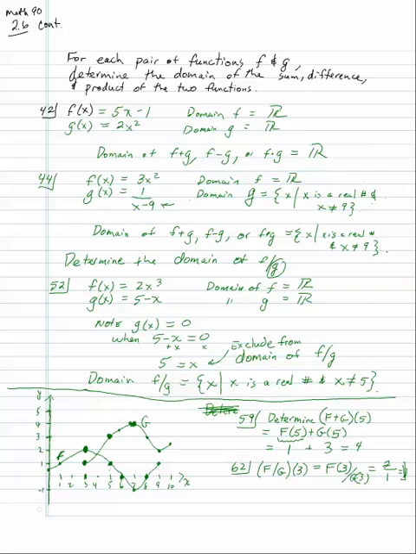Alright, what's the domain and the range? What's the domain of f, domain of g? Domain of f is equal to the set of x's such that x is between 0 and 9.